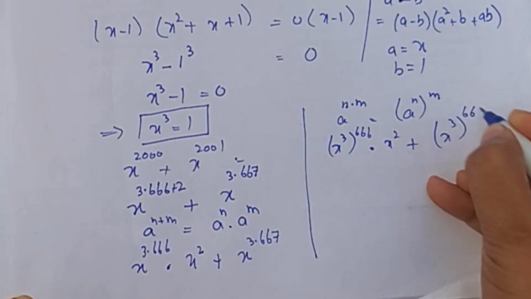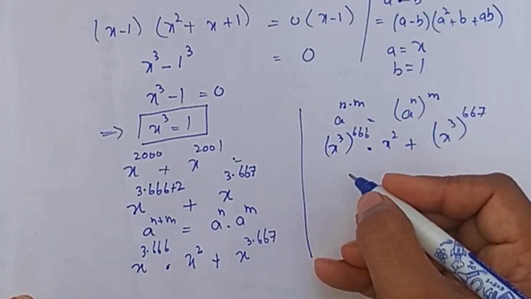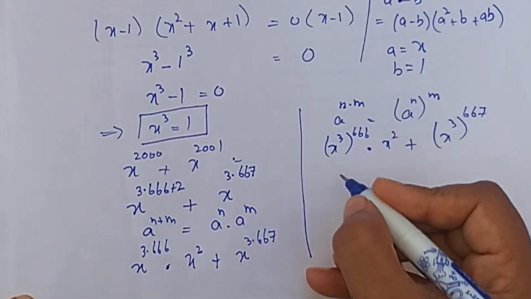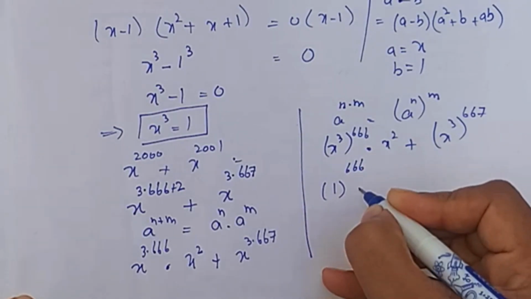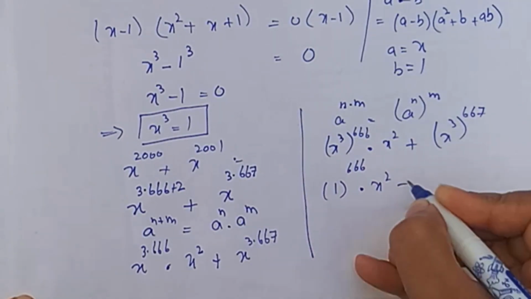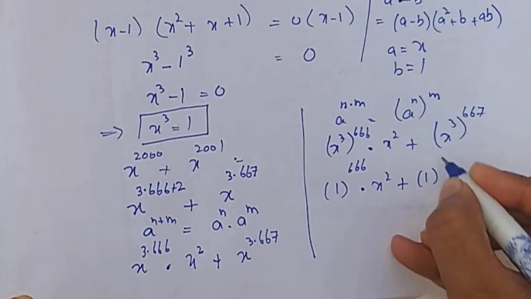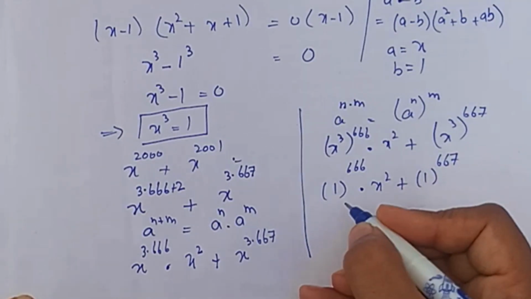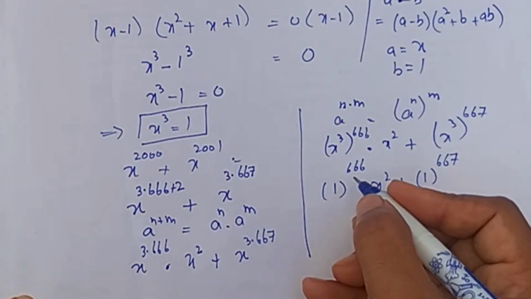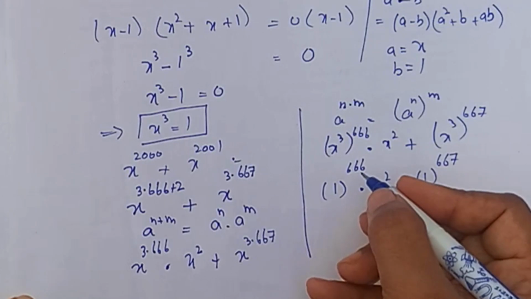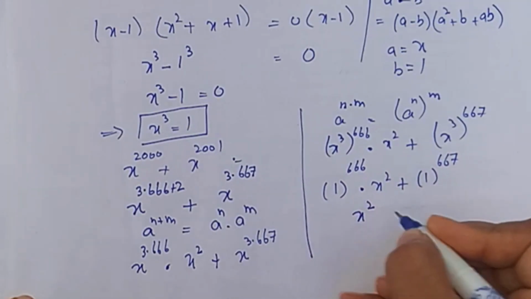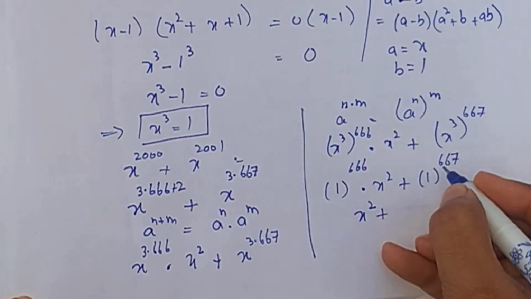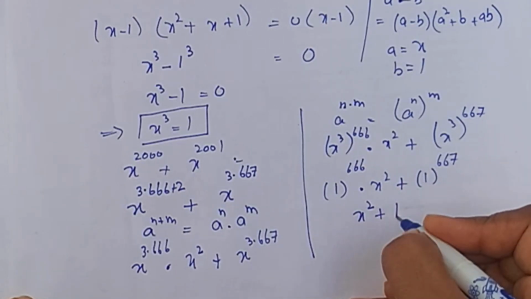multiply 667. And we know that x cube is 1, so we write here 1 raised to the power 666. This is x square plus we write this as 1 raised to the power 667. So 1 raised to the power 666 is just 1, so multiply this 1 by x square, we get x square plus 1 raised to the power 667 is 1.